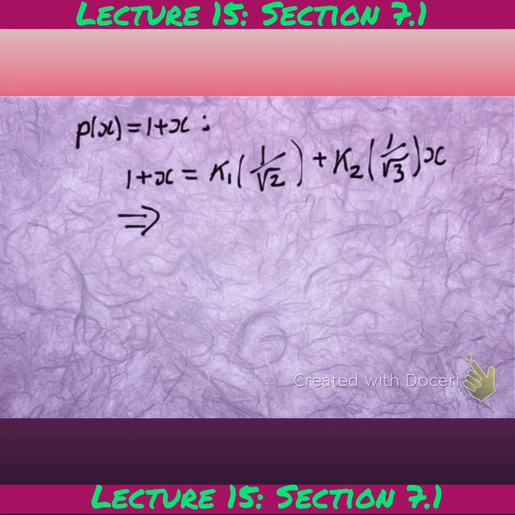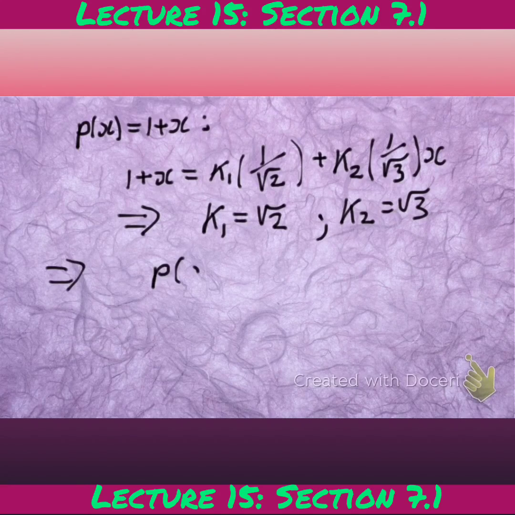So that then implies that k1 is square root 2 and k2 is square root 3, and that will imply that the coordinate vector of 1 plus x with respect to the orthogonal basis S, or rather orthonormal basis, is going to be this vector.